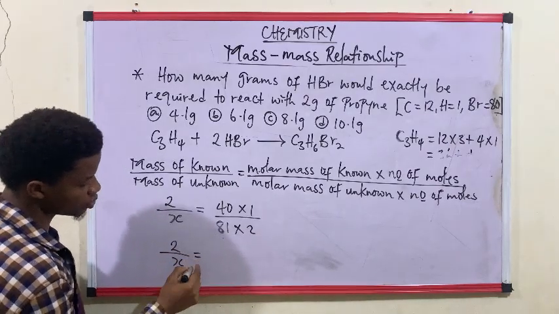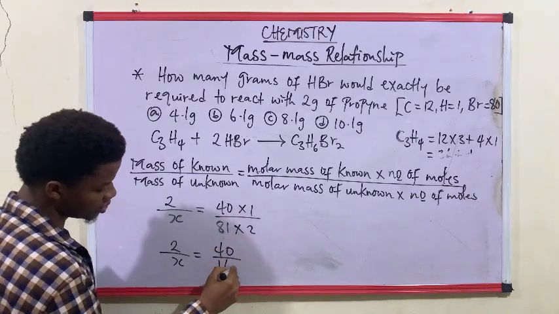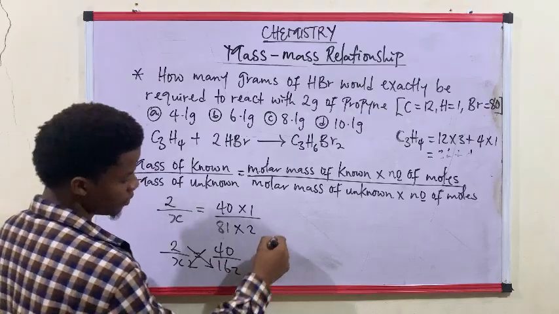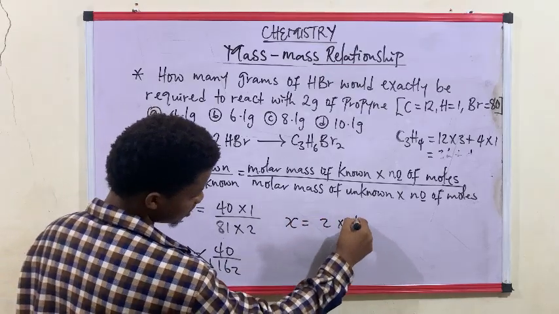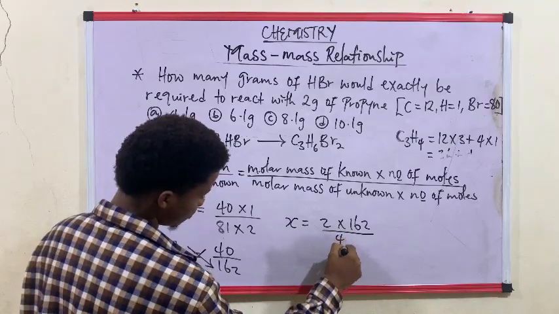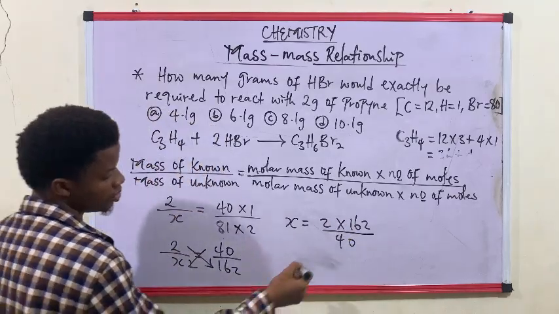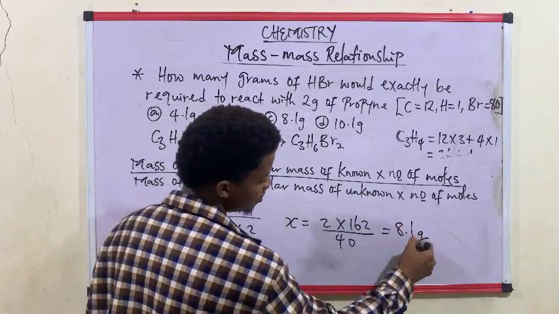So it becomes 2 over X equal to 40 times 1, which is 40, over this, which gives us 162. So by the time we cross multiply, we are going to have X equal to 2 times 162 all over 40. So when you do this in your calculator, you're still going to have 8.1 gram.